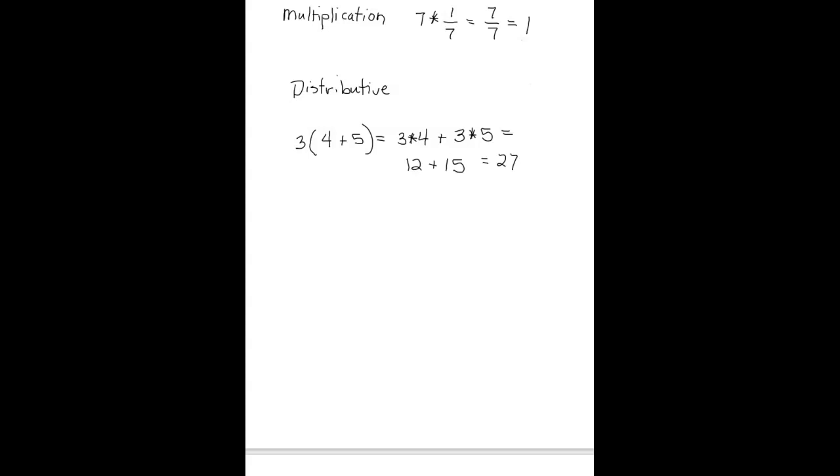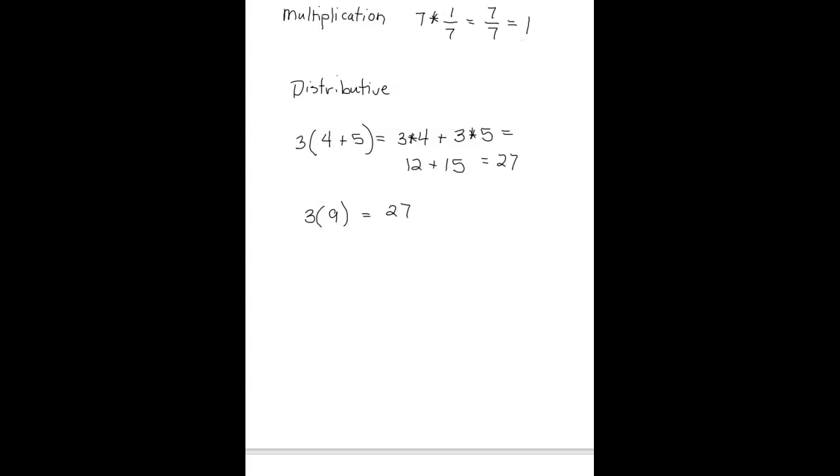Now, if I were to add these together and then multiply by 3, which would be the proper way given our order of operations, that's going to give us 3 times 9, which is also 27. So you can see that it works, but it does make more work for you if you're using the distributive property and you have 2 actual numbers.